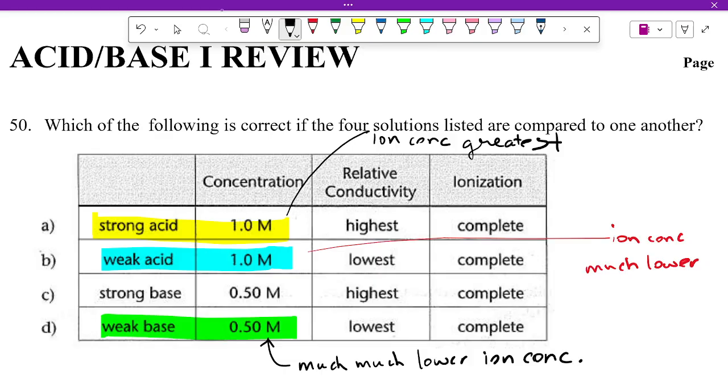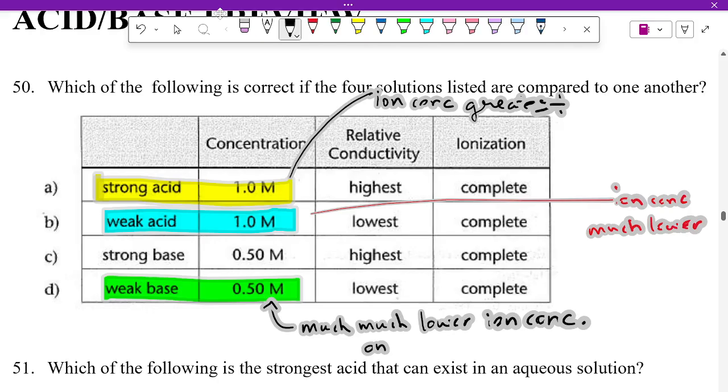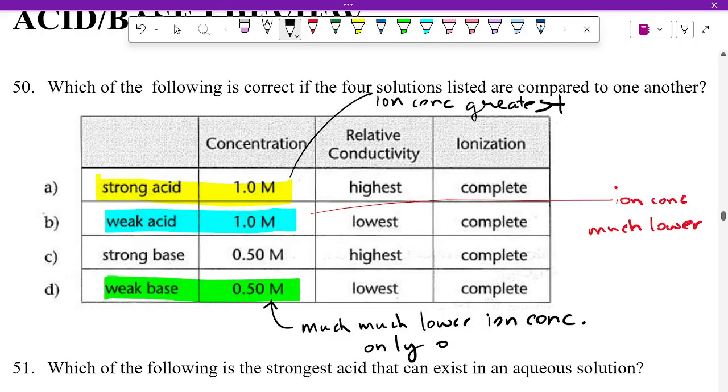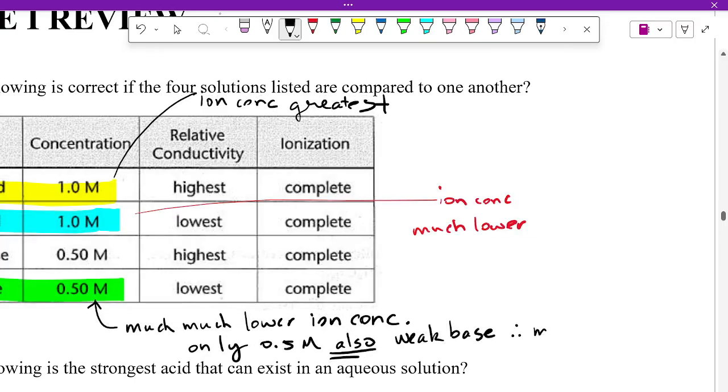And that's because it has both a lower concentration, it's only 0.5 molar, but also it is a weak base, therefore it's mostly unionized.